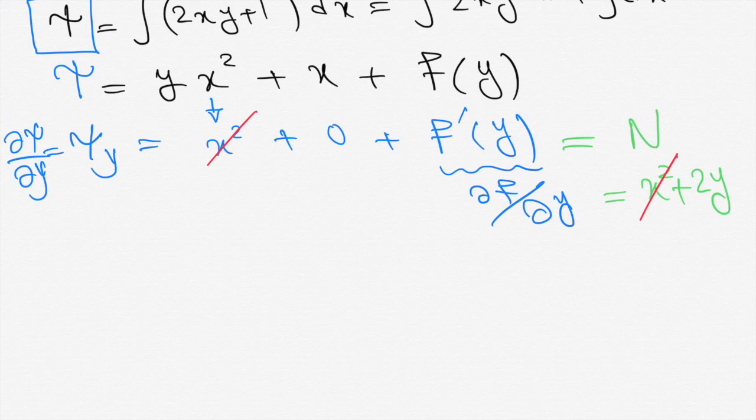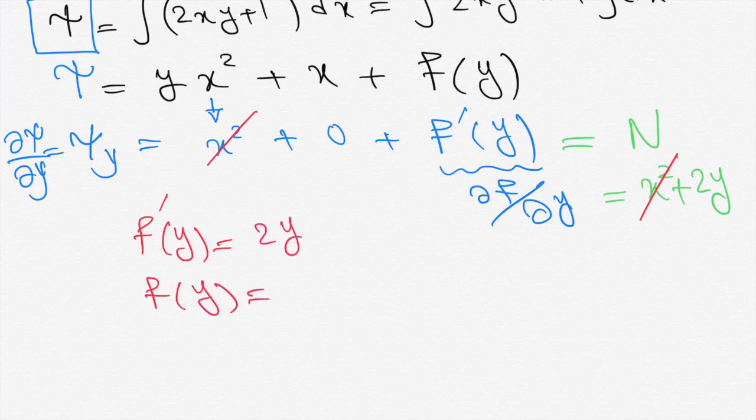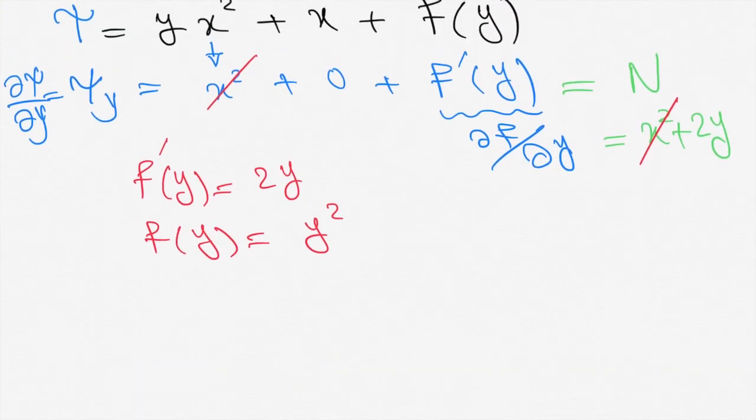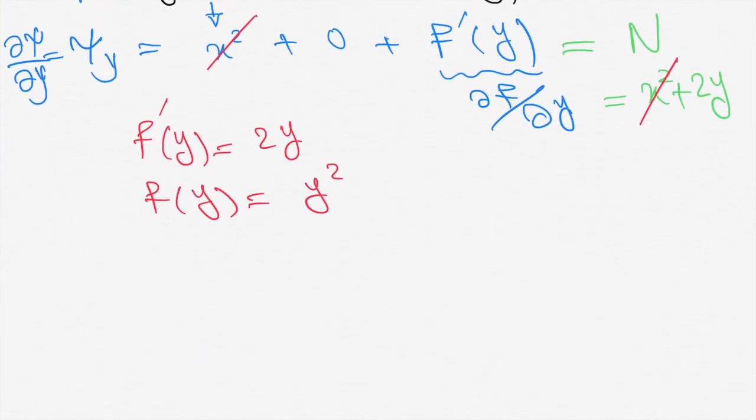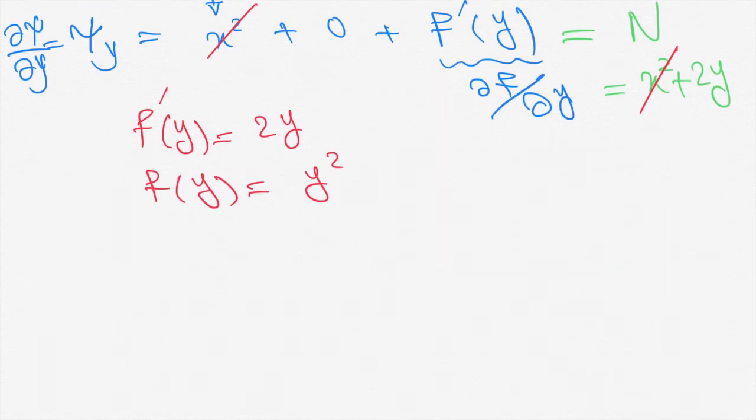This is also x². So we forget about this part, and we say that f prime of y will be equal to 2y. Then what is f? F will be y², right? You just take the antiderivative of it. Sorry for this keyboard which is just coming up. There's a problem here.